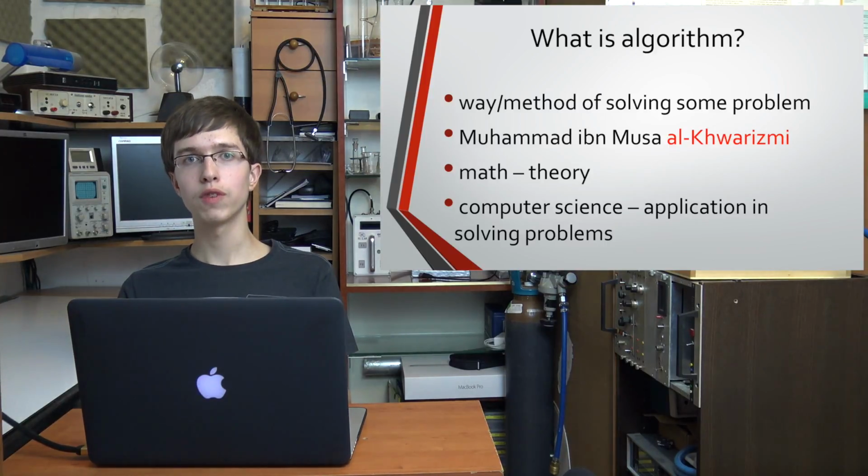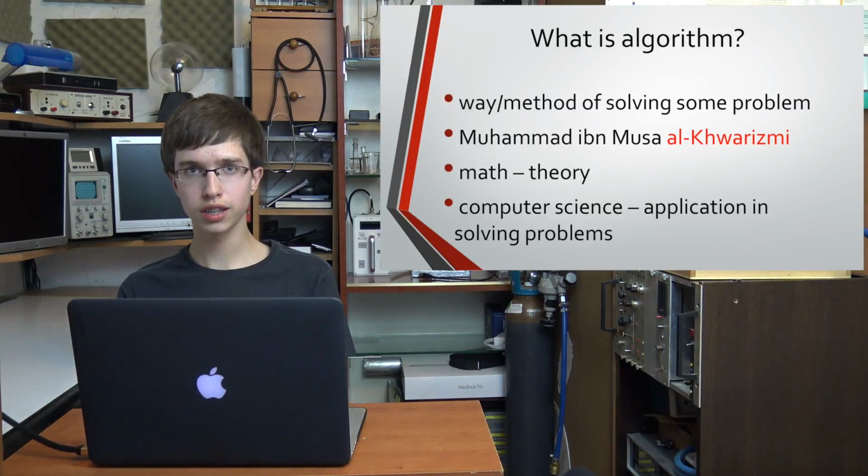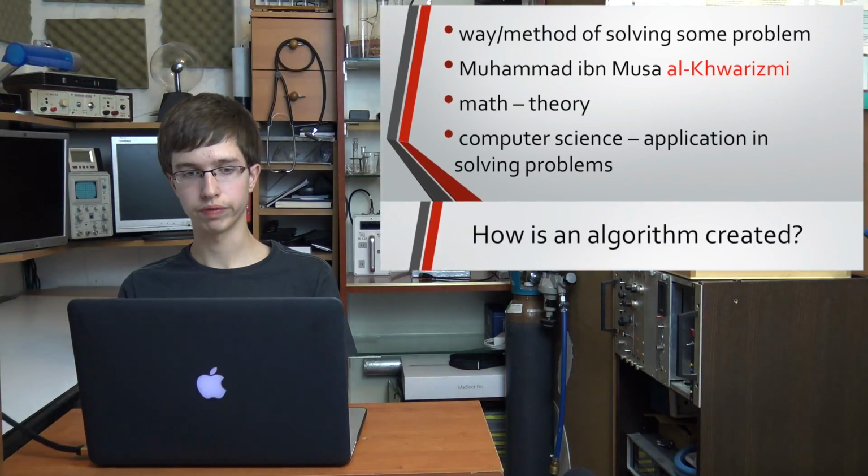Throughout history, mathematicians were those who observed algorithms, and today they also have a very important role in observing forms and characteristics of algorithms, but there are also computer scientists who apply these algorithms into real-life situations and to solve some given problems.